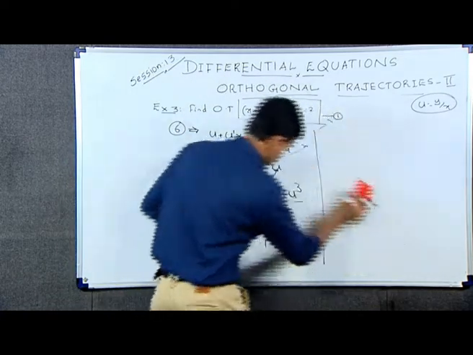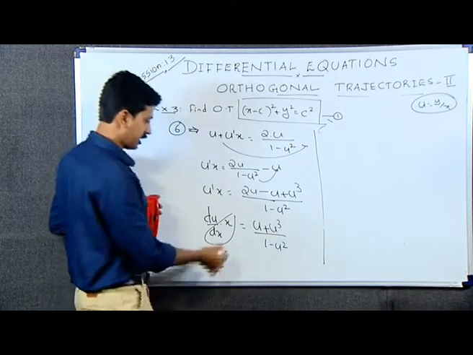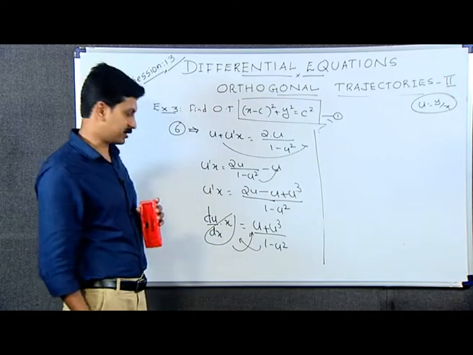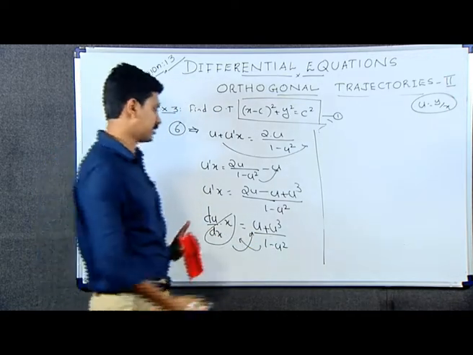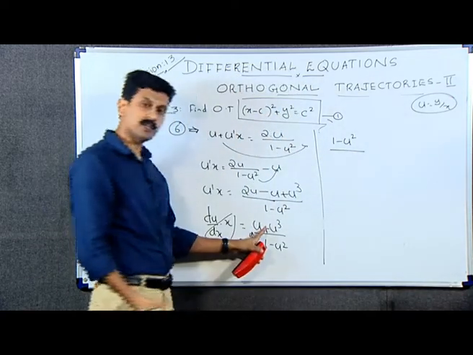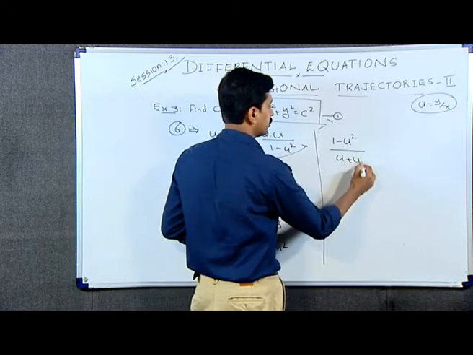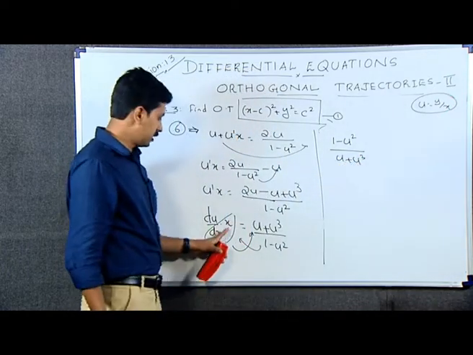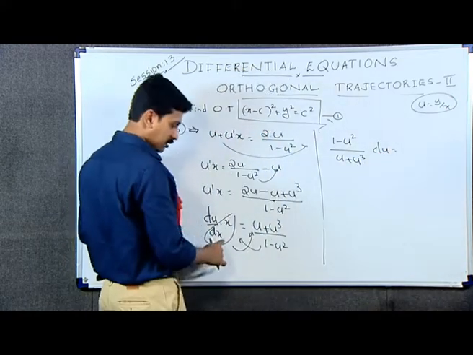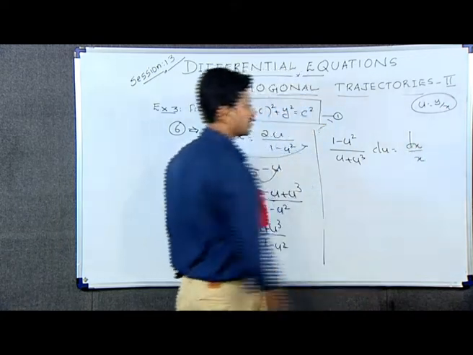We can rewrite this by taking dx by x to the right side and the other part to the left side. So, 1 minus u square in the numerator, divided by u plus u cube in the denominator, into du is equal to dx divided by x.